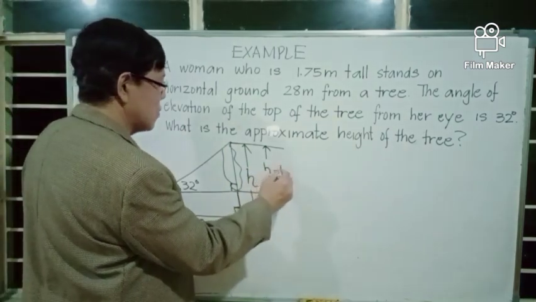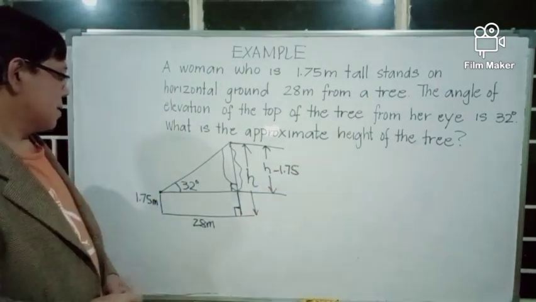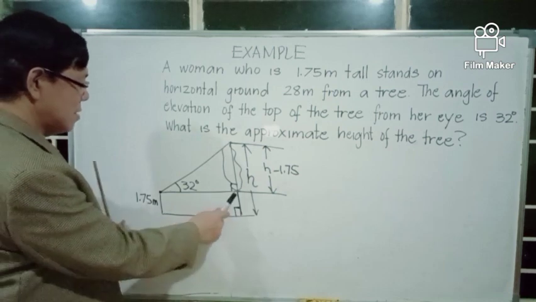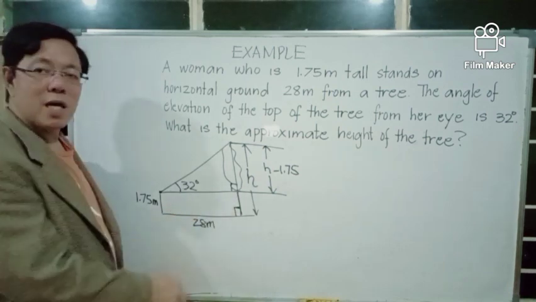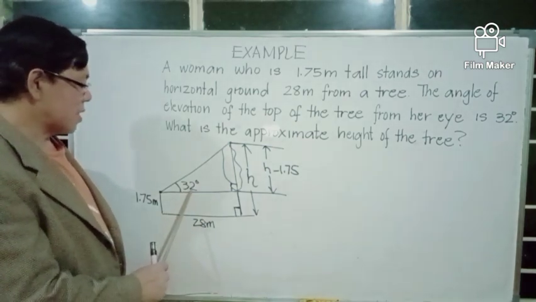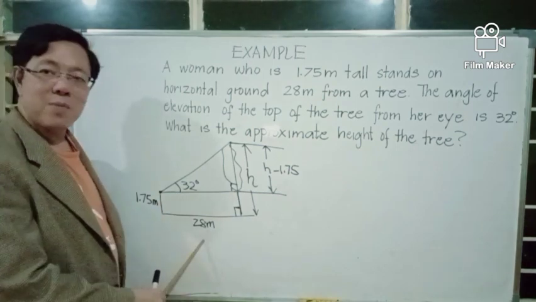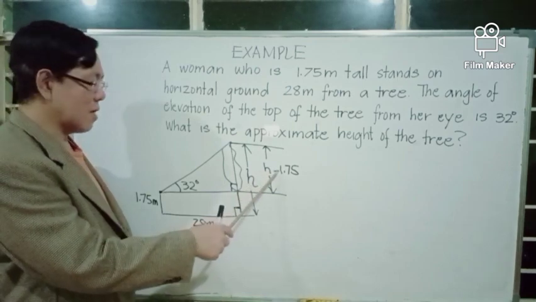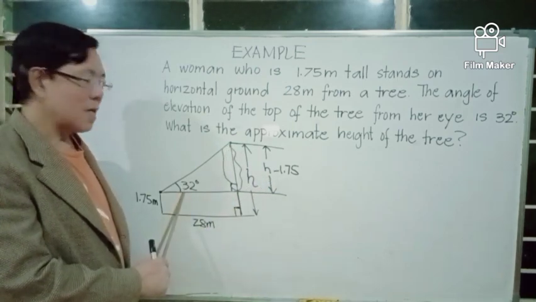H minus 1.75. And this side adjacent to 32 is 28 meters. Hence, we are given the side adjacent to 32, 28 meters, and the height that we want is contained in the side opposite 32 degrees.